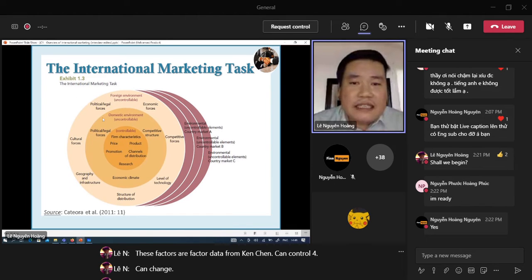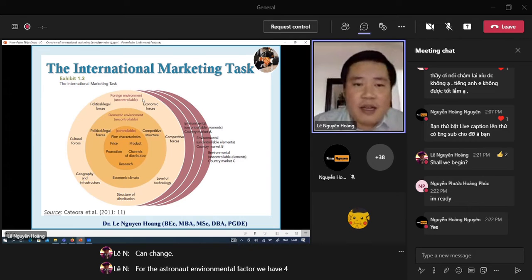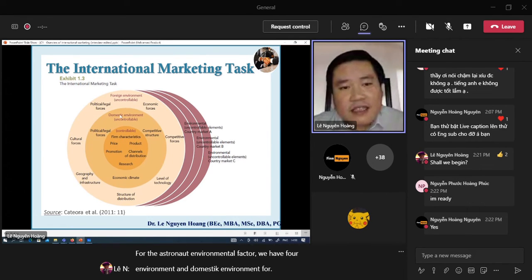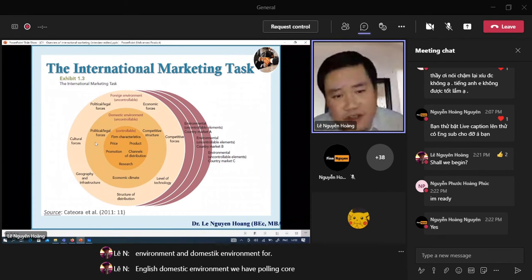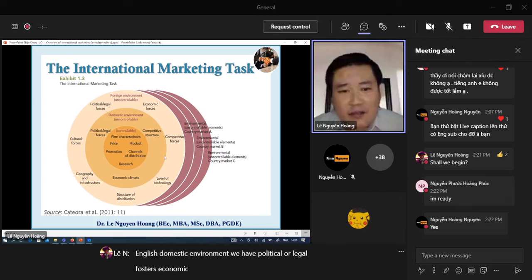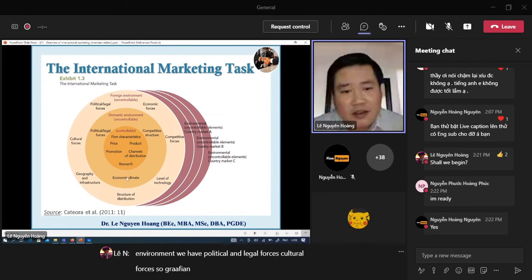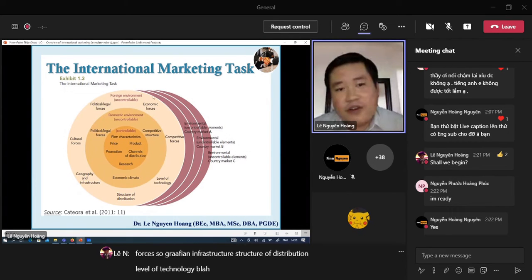For the external environmental factors, we have the foreign environment and the domestic environment. In the domestic environment, we have political or legal forces, economic climate, community structure. For the foreign environment, we have political and legal forces, cultural forces, geography and infrastructure, structure of distribution, level of technology, and so on and so forth.